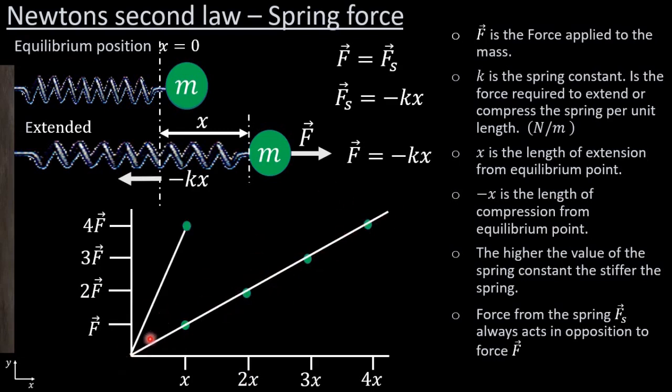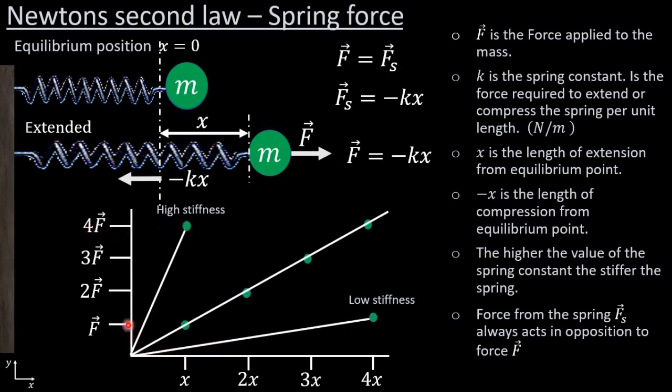If we had a high gradient here, we'd have a higher spring constant. That would mean this is a spring with high stiffness. It's going to be stiffer than this spring here because it's got a higher gradient. And if it had a lower gradient, it would be low stiffness. So this would be a spring with low stiffness, because for this spring we had to apply a force of 4F to extend it by length x.